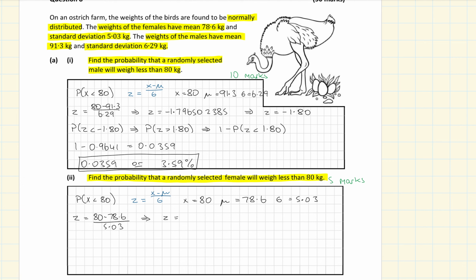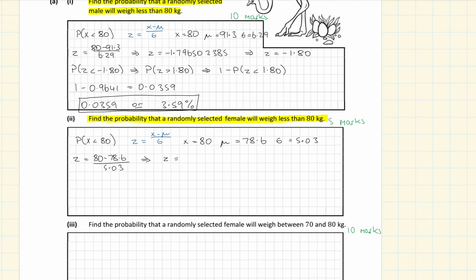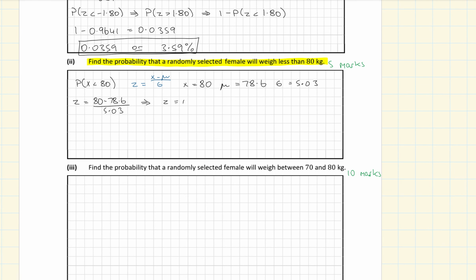Into your calculator. 80 minus 78.6 all over 5.03. Quite a long decimal. Z is equal to 0.27833000199. We'll round to 2 decimals. And we get 0.28.